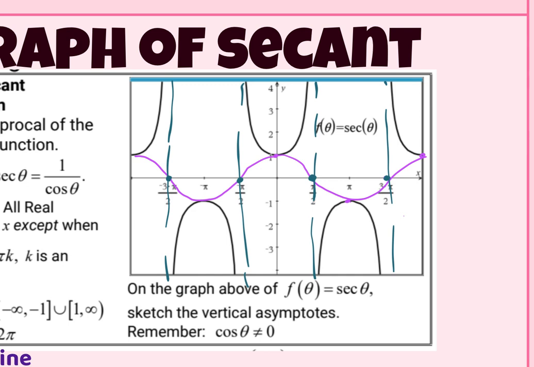So now where does the 0 happen for cosine on my initial curve? The second point, which if I was going to find it, would be the period times a quarter. It also happens on the third point, which is the period times 3/4, but we're going to establish the interval by doing the quarter point. So you have to do the period times a fourth to find where your first asymptote is.